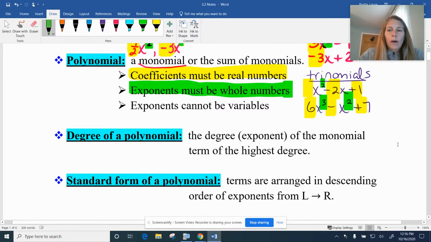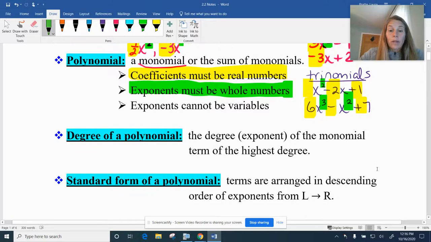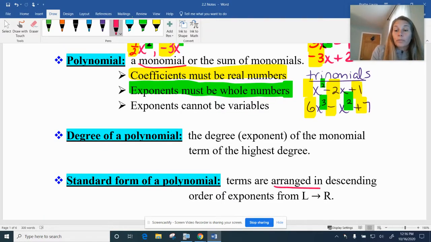So let's talk about the degree of a polynomial. So when you arrange a polynomial in standard form, which is really important, that's when you're arranging them in descending order from greatest to least, or from left to right. So if you remember back to quadratics, you had like ax squared plus bx plus c.